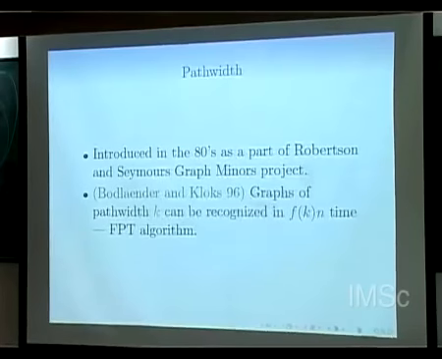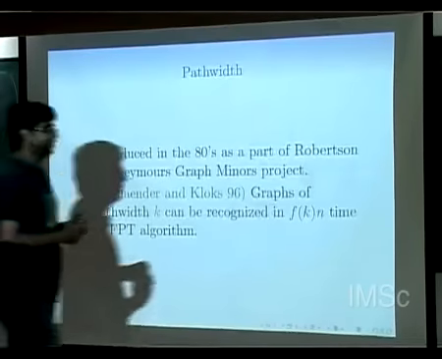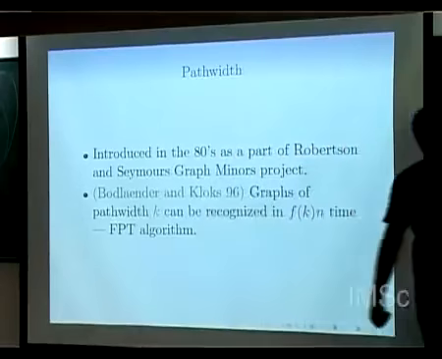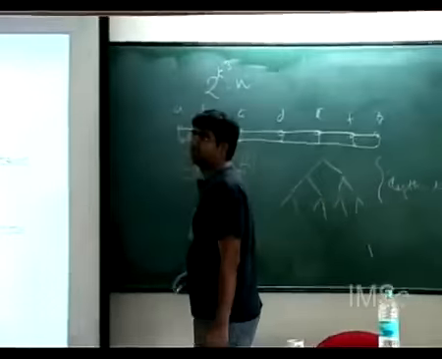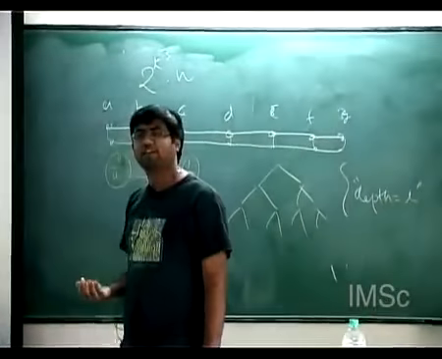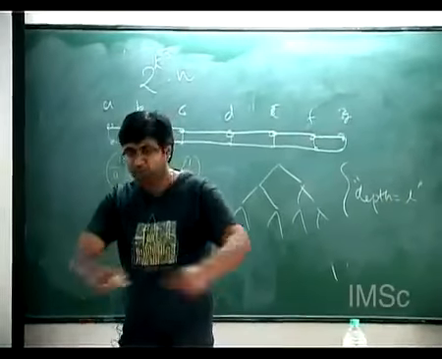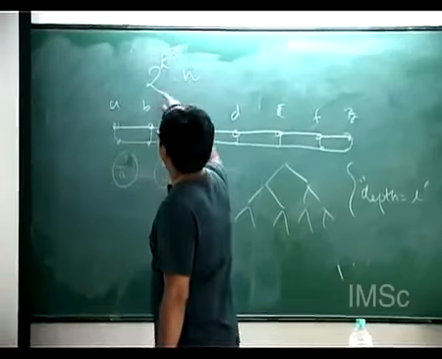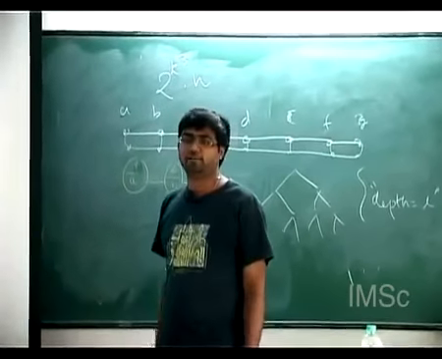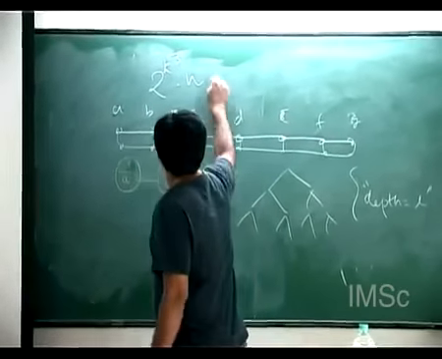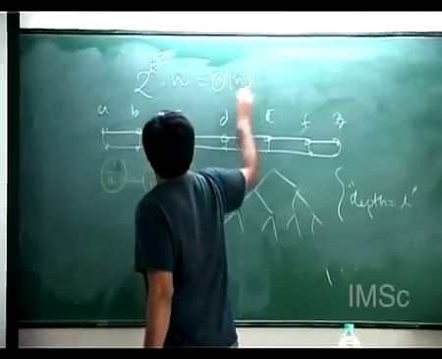That f of k is horrible, but still, this is the running time. It's not that bad. For example, if you want to check whether a graph has path width 10 or not and construct this path decomposition, then you might take 2 to the power 10 cubed times n. But it is linear. We are computer scientists, so we should not worry.